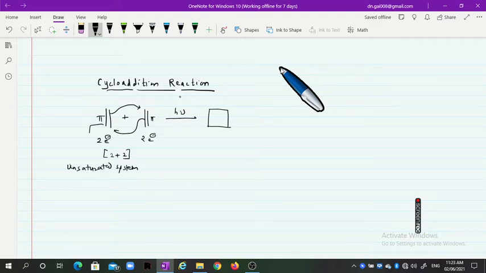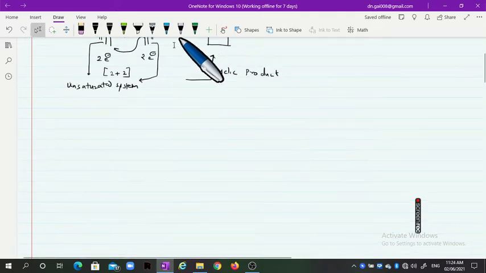The first is an unsaturated system, and the second unsaturated system means there is a double bond added to each other, giving a cyclic product. That type of reaction is nothing but a cycloaddition reaction.